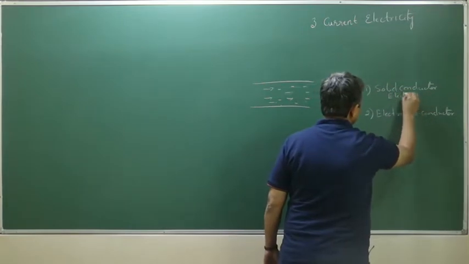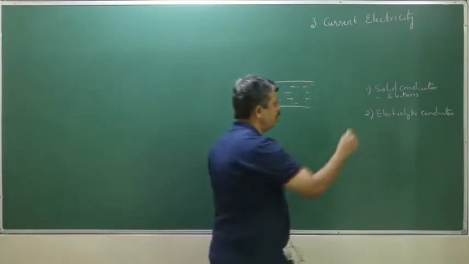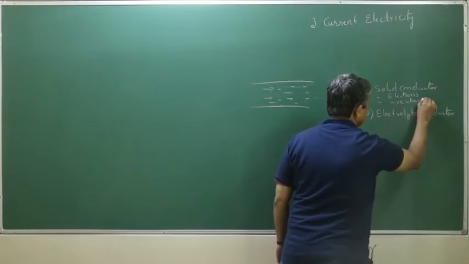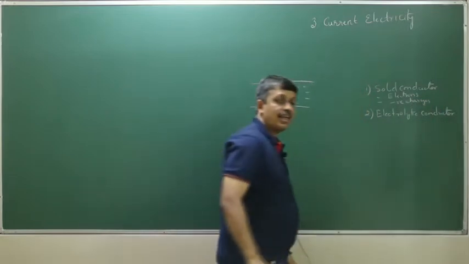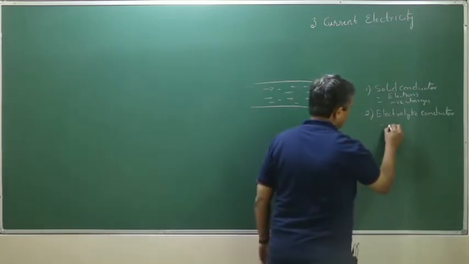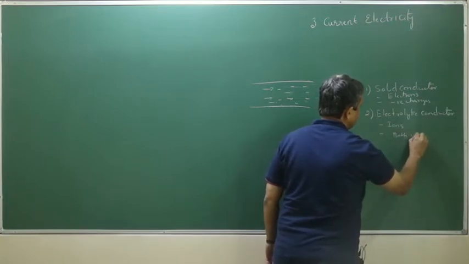So main difference, if you see here, in a solid it is always through electrons, and it is always because of the movement of negative charges. Whereas this one actually is because of ions, and it is movement of both positive and negative charges.